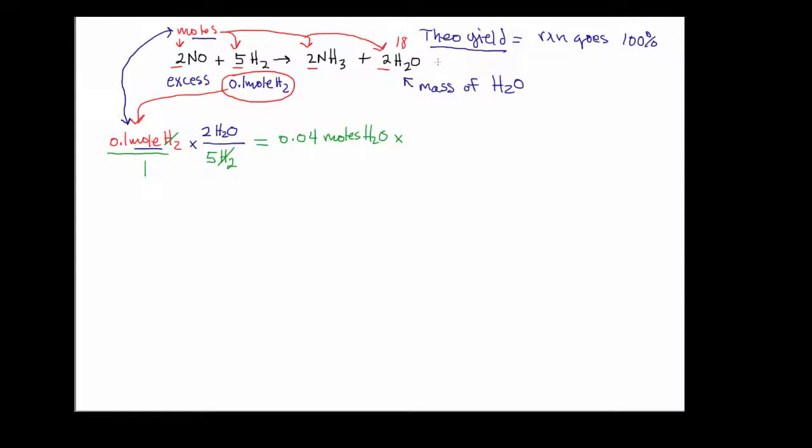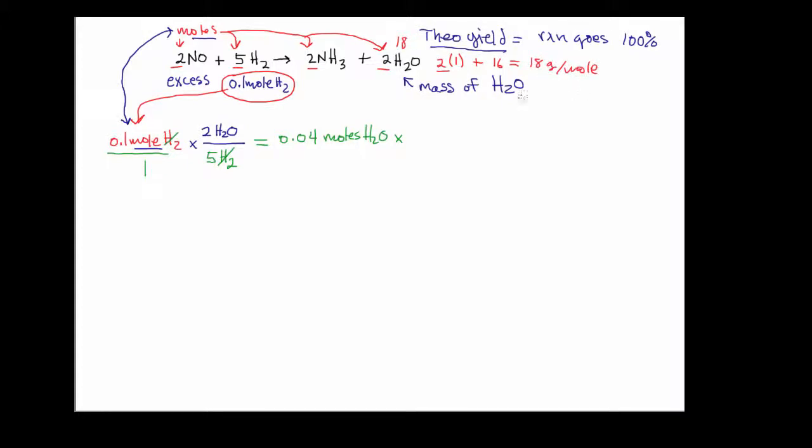If you look at your periodic table, the hydrogens are each worth about 1 gram per mole. There are 2 of them, and that will be added to the molar mass of the oxygen, which is 16, for a total of 18 grams per mole.